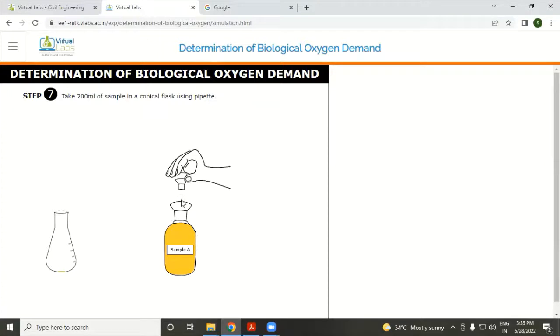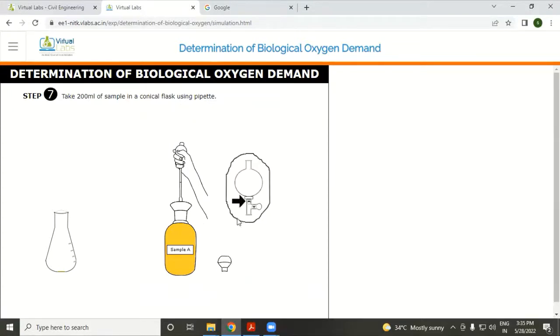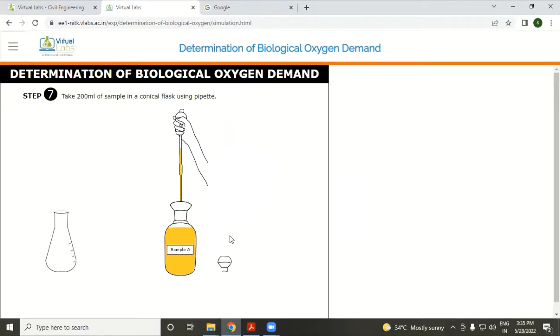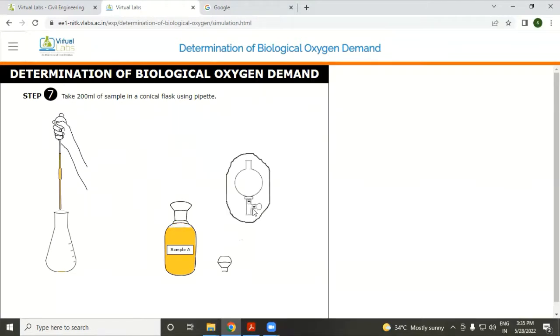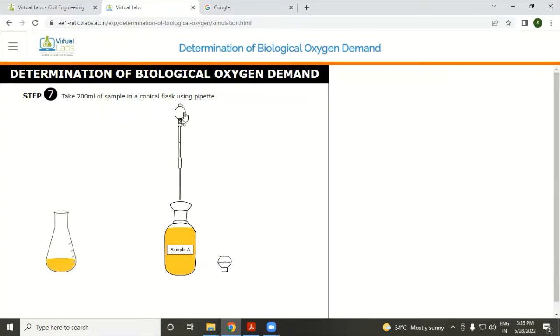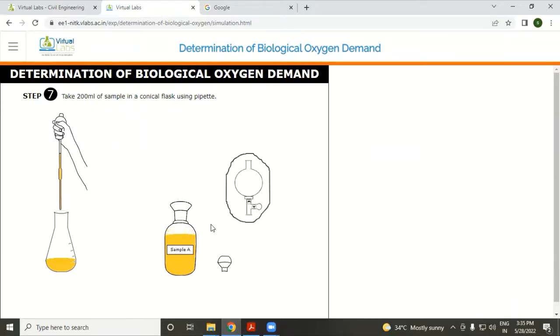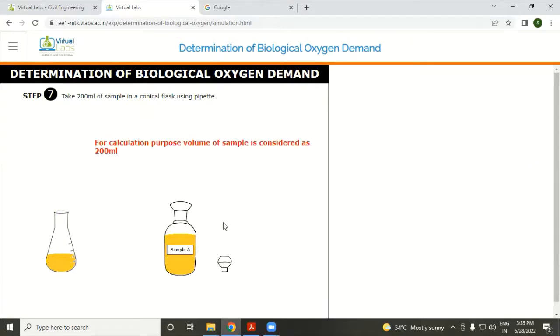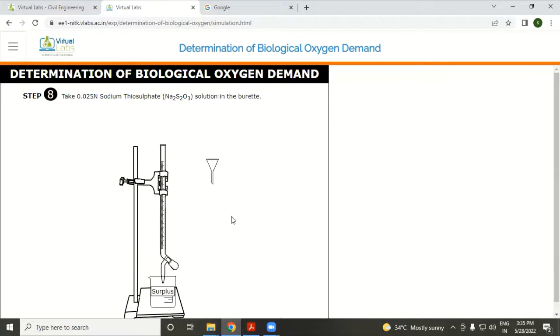So take 200 ml of sample in a conical flask using a pipette. Now go to the next step: titration against sodium thiosulfate, 0.025 normality of sodium thiosulfate.